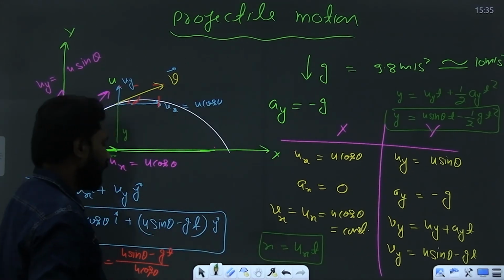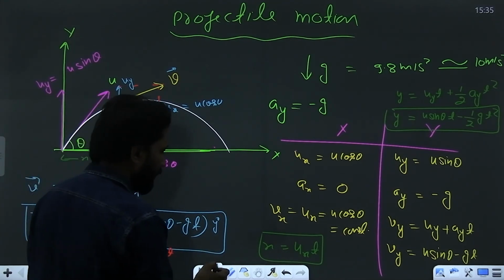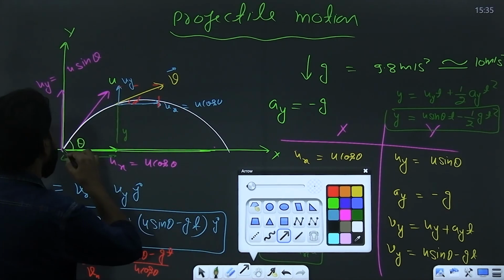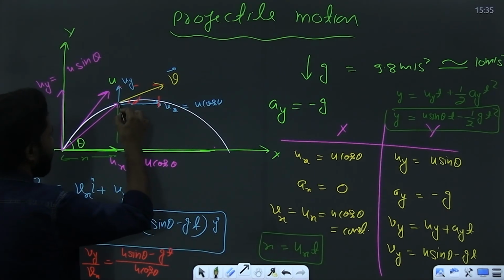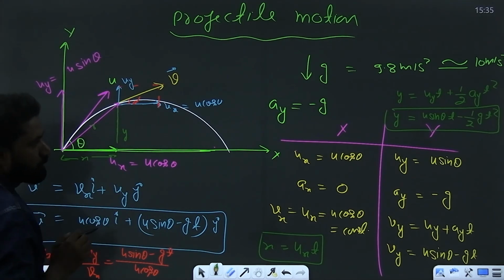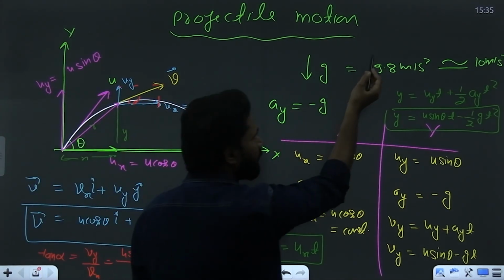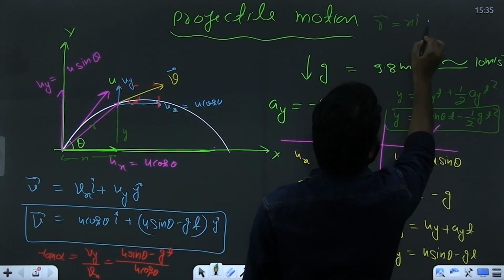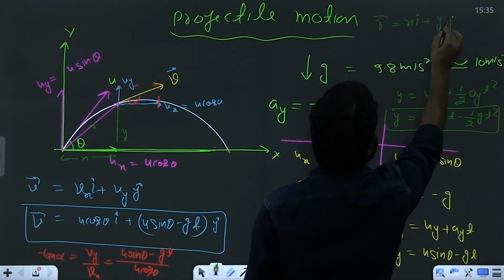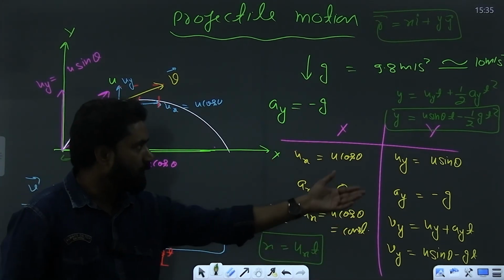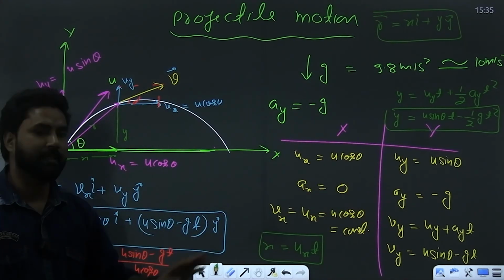If we find the position of the particle at time t, this is the position r. r will be equal to x i cap plus y j cap, and we have calculated the value of x and y. Here is the value of y and here is the value of x.